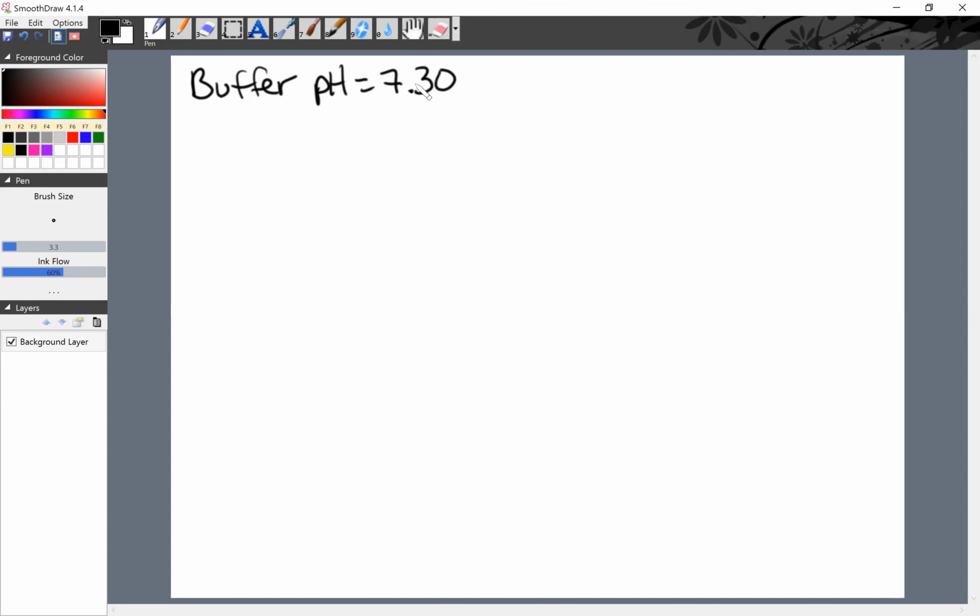What you're allowed to use is 0.150 molar of your acid and 0.100 molar of your base. We don't know which one it is yet, but whichever one it is, in the stockroom there's a bottle of 0.15 molar weak acid and a bottle of 0.1 molar weak base.